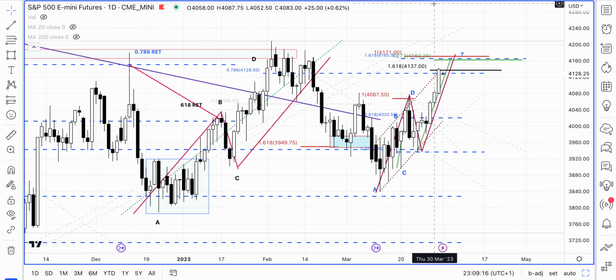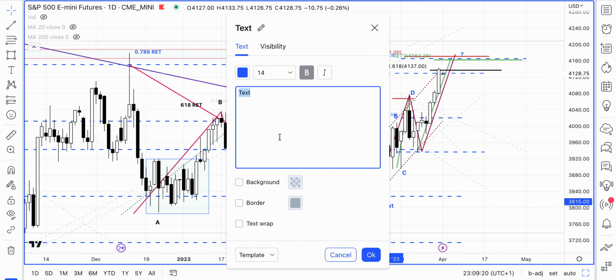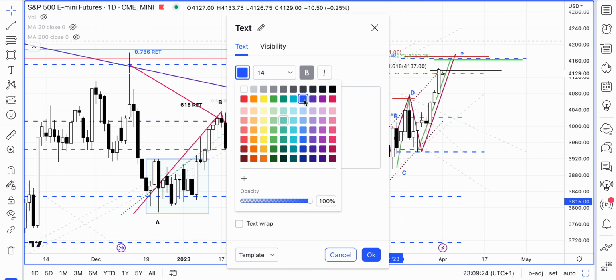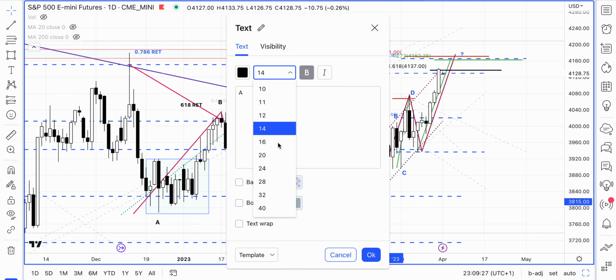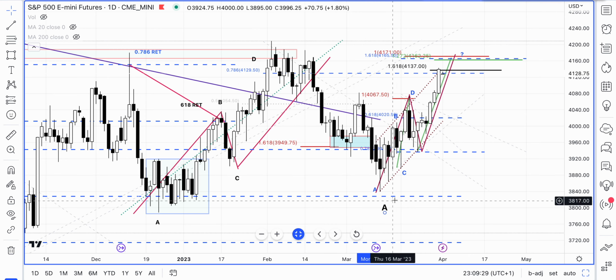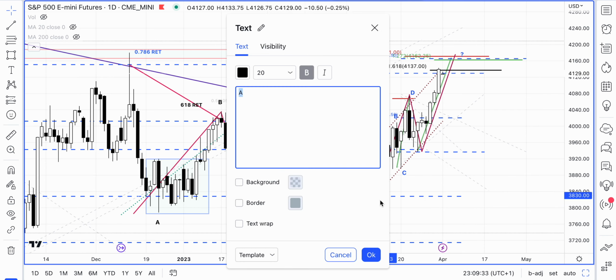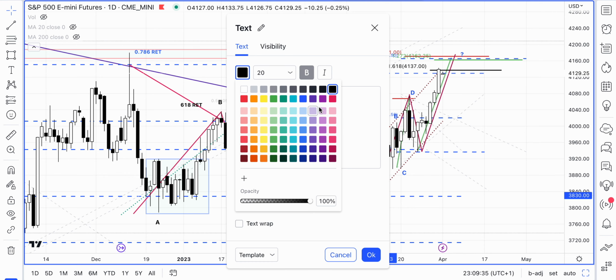ABCD. So let me point this out in a different color so that it is easily recognizable. I'm also gonna make it a little bit bigger. So there we go. Actually, I'm sorry, let me make it in maroon color. Here.